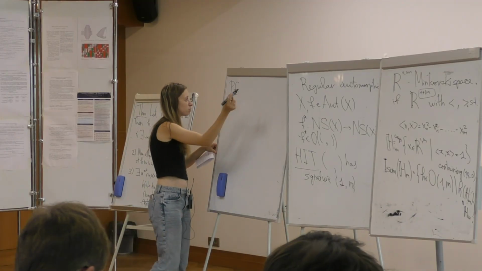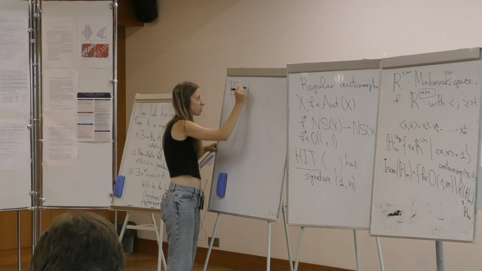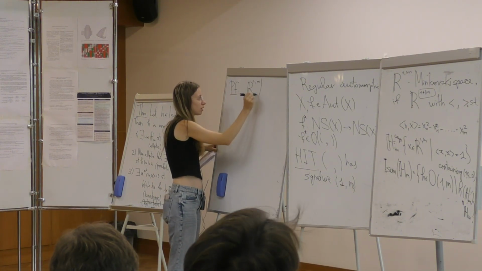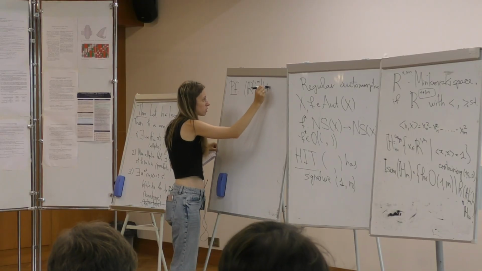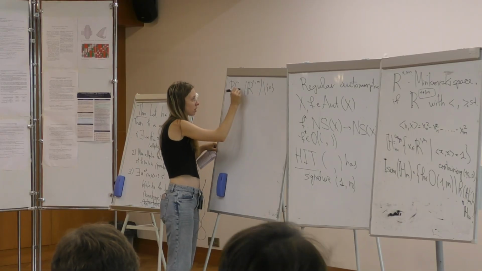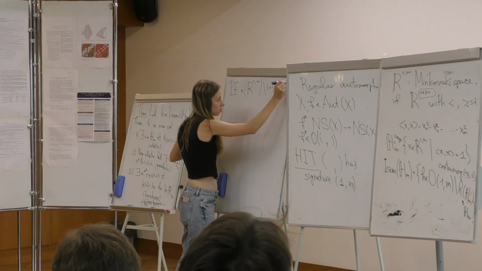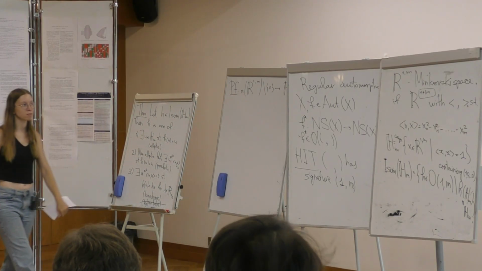Okay, so proof. We have our space R1M. Consider the complement of 0. Then we can map this to the projective space Pm, just the projectivization map.